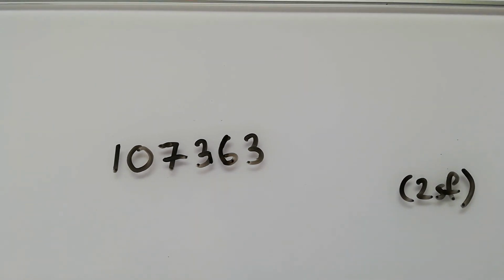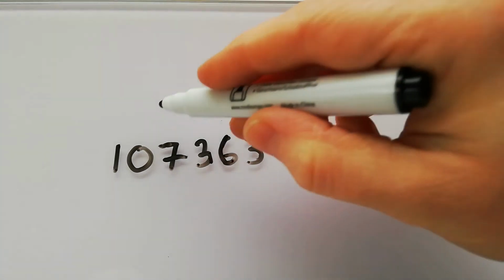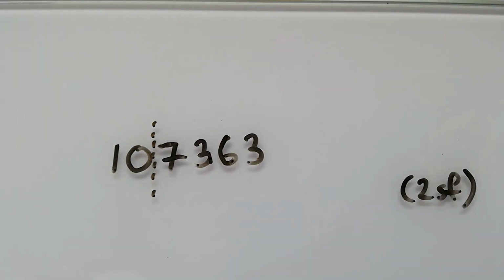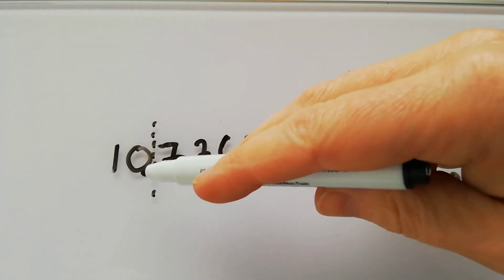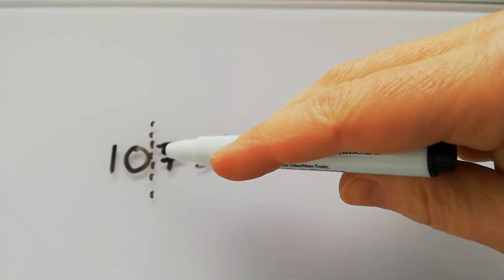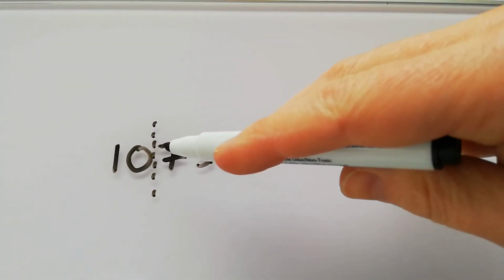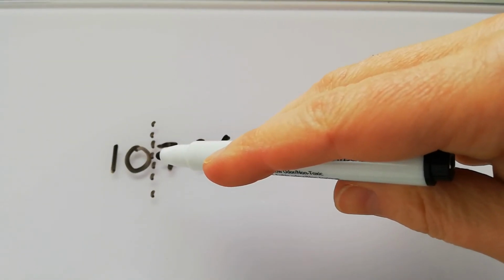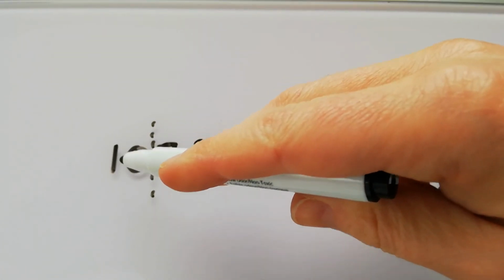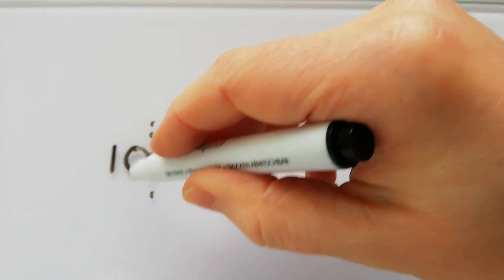If we wanted that number to 2 significant figures, then we would make a cut after 2 significant figures. To the right of the dotted line, I've got 7, which is bigger than 5, which means that on the left of the line, that 0 has to get moved up 1 place to a 1.